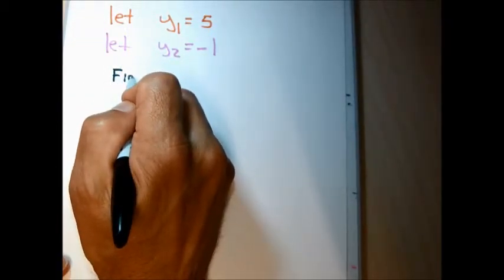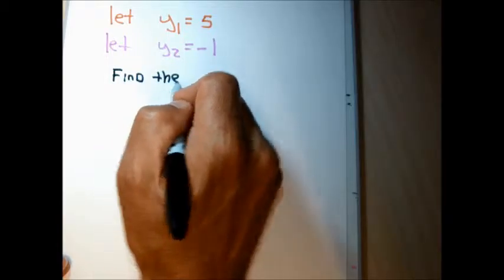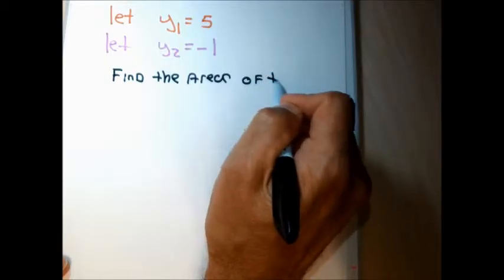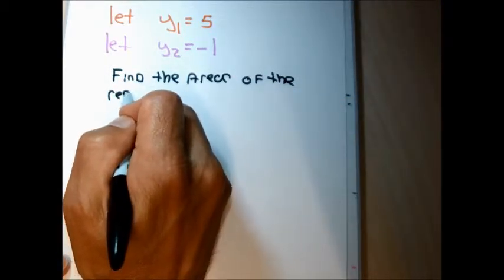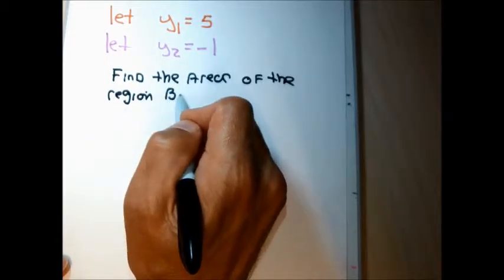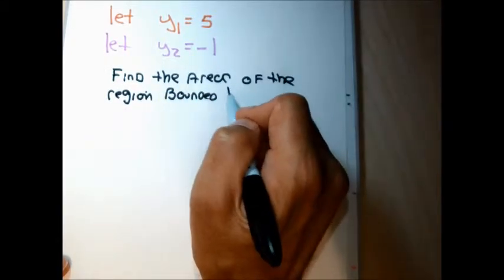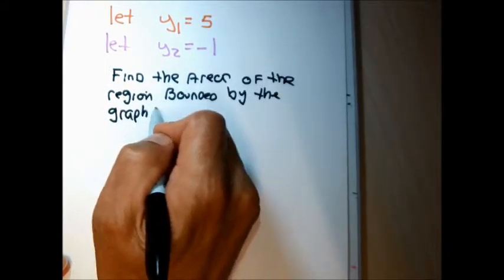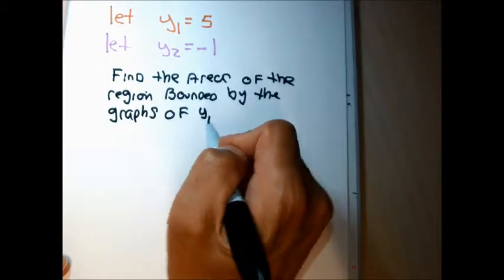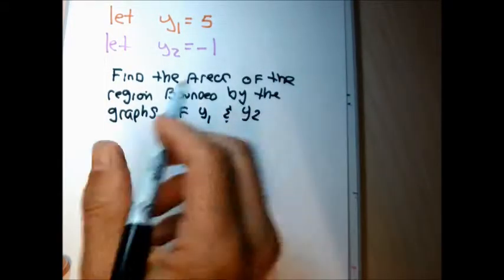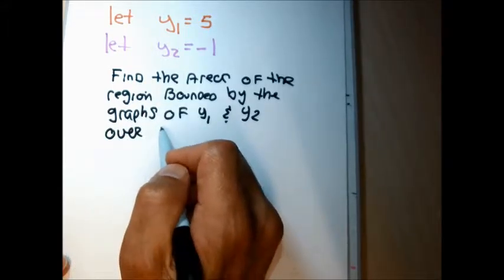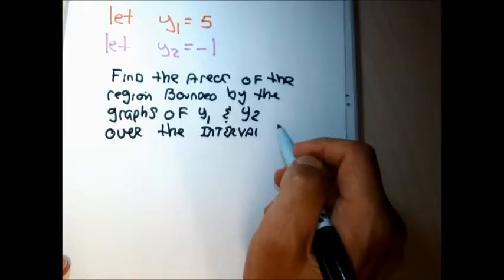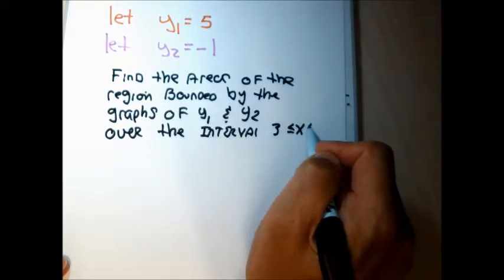So I must say find the area of the region bounded by the graphs of y1 and y2 over the interval 3 is less than or equal to x is less than or equal to 6.